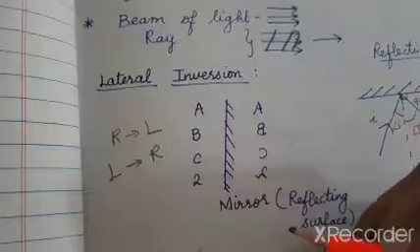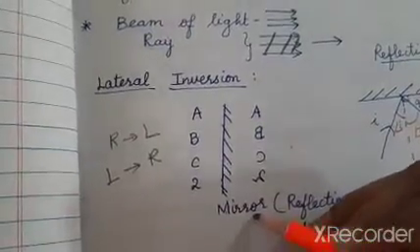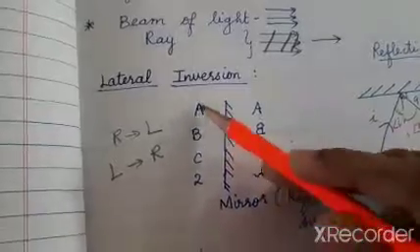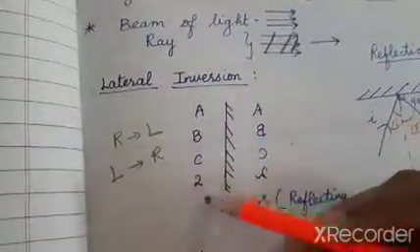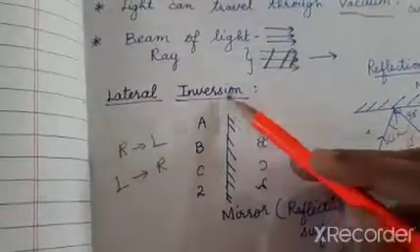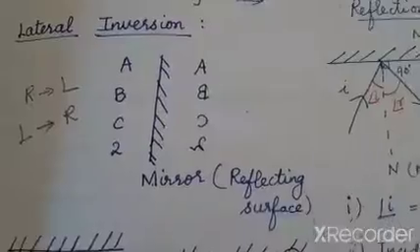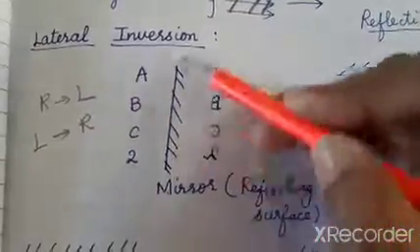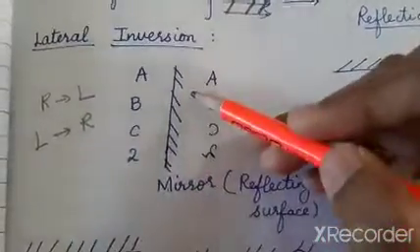Yes, so mirror is the reflecting surface which reflects the letters or an object shown on it, and the image would be laterally inverted. So mirror is a reflecting surface, right? We draw the reflecting surface and represent it like this.